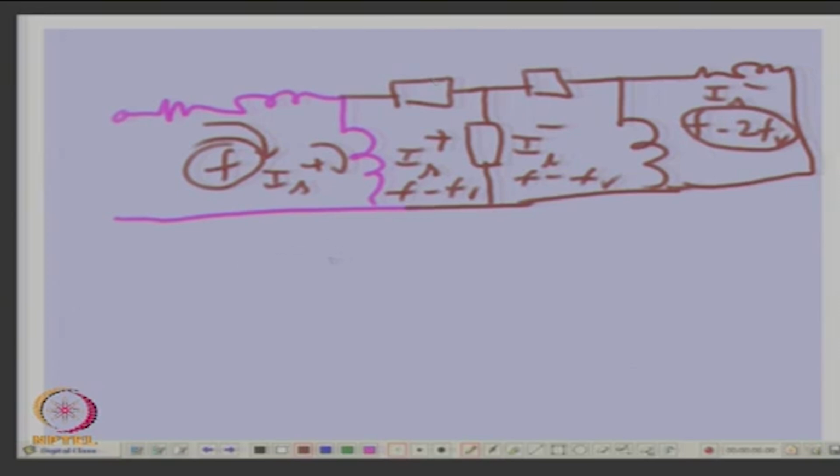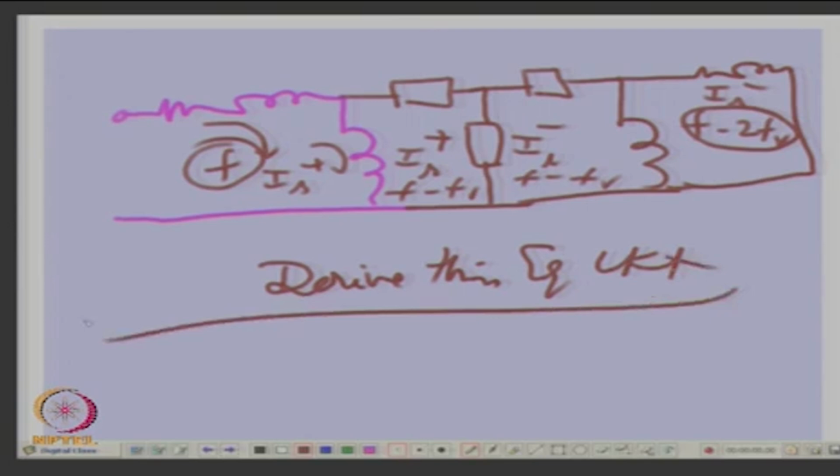So, I suggest you derive this equivalent circuit. Anyway, this we have discussed in the paper in a little more detail. I want you to read the paper, get this equivalent circuit, get these equations, derive these equations.